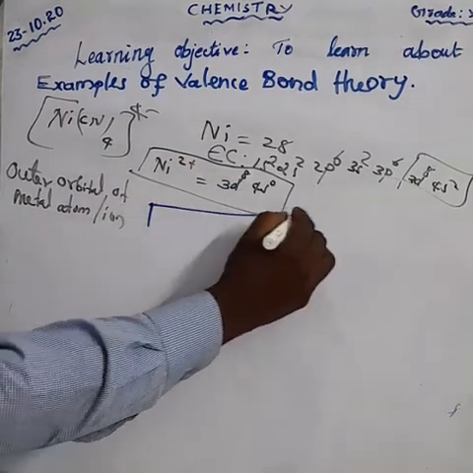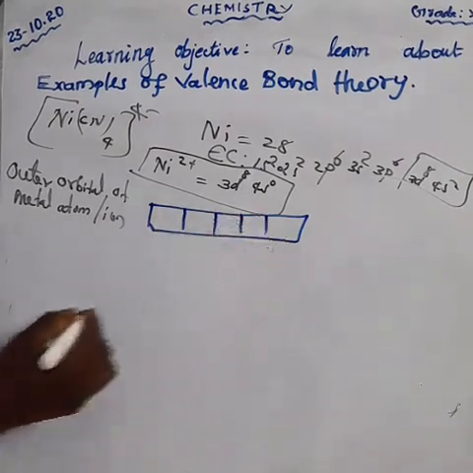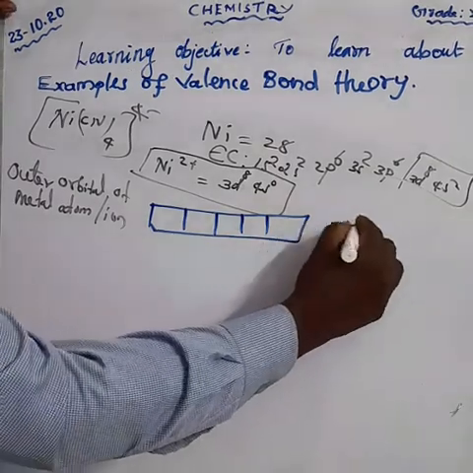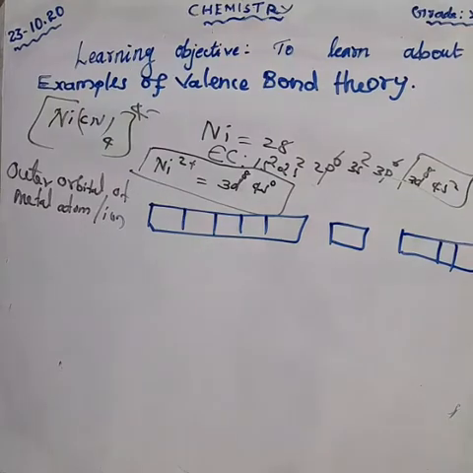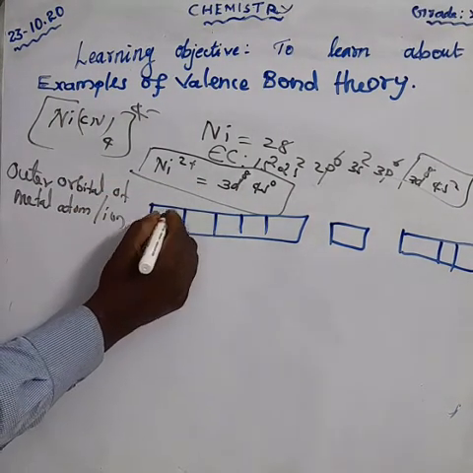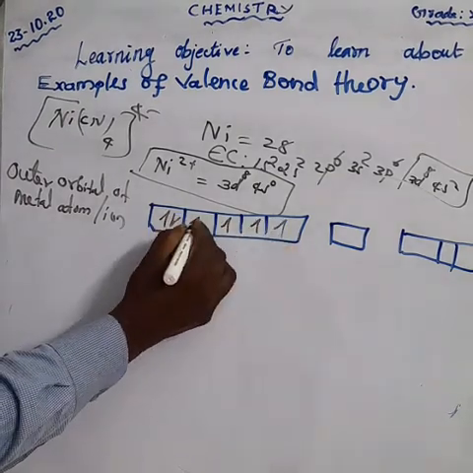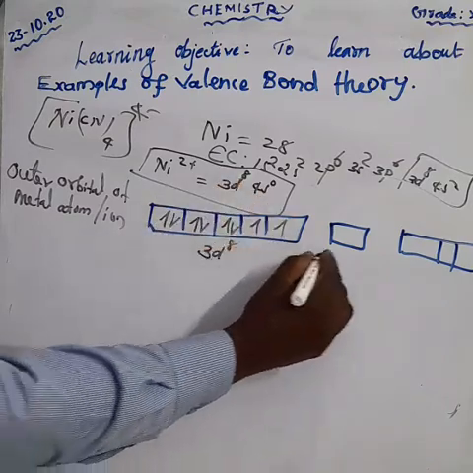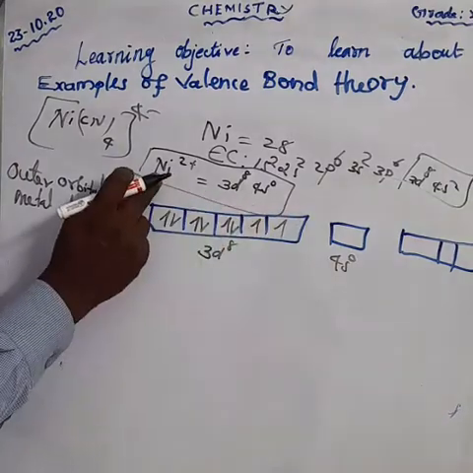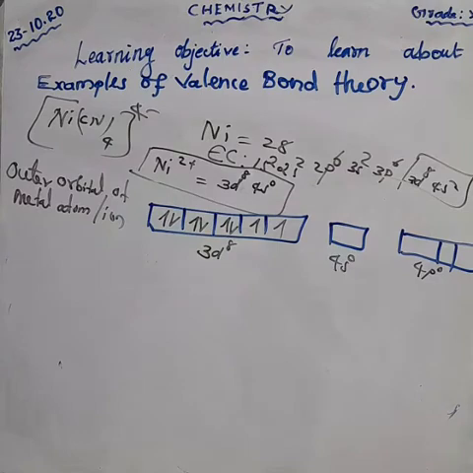How many electrons are there in 3d8? 8 electrons: 1, 2, 3, 4, 5, 6, 7, 8. 4s has 0 because it is the nickel 2+ ion. And 4p is also 0. Am I right? That is also 0.